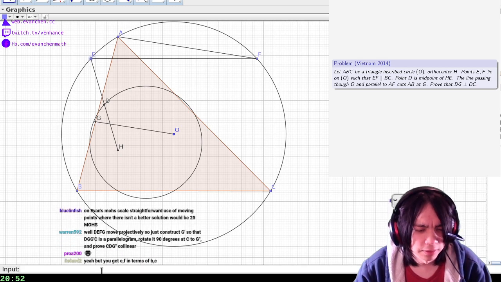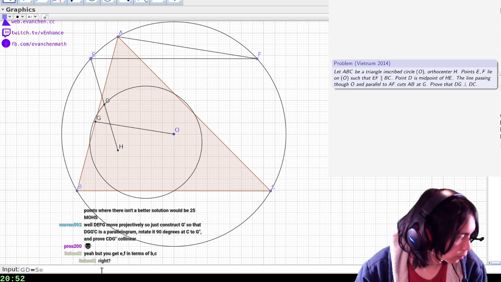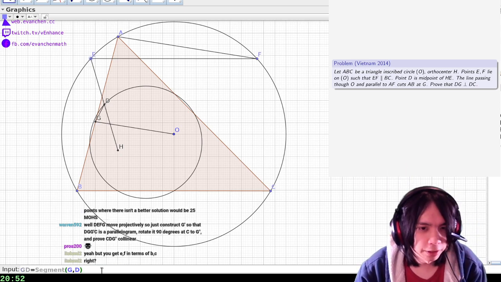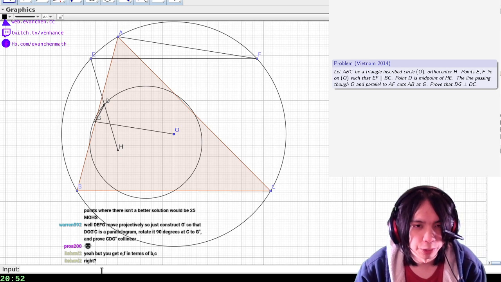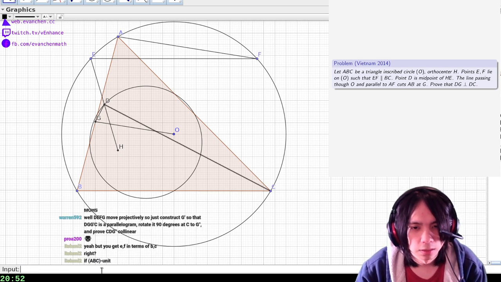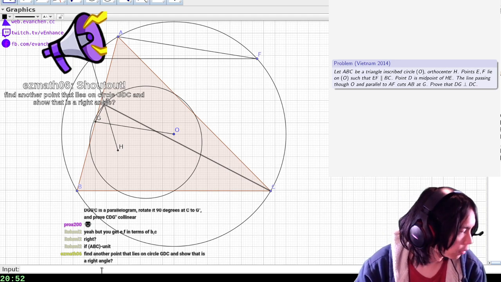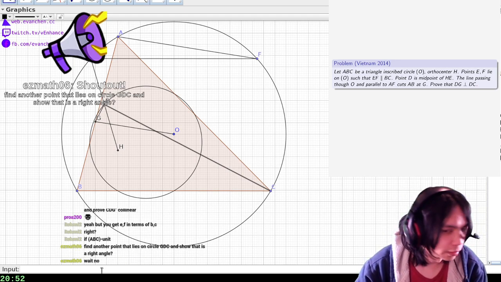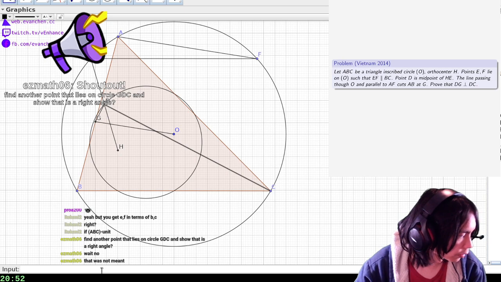What is that angle anyways? You get EF in terms of BC. You know, you should let E be a variable and let F be B times C over E, I think. Then circle GDC and show it's a right angle.